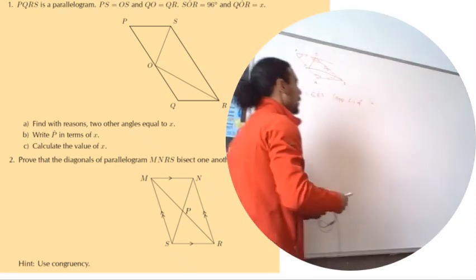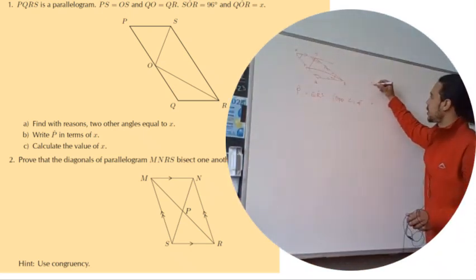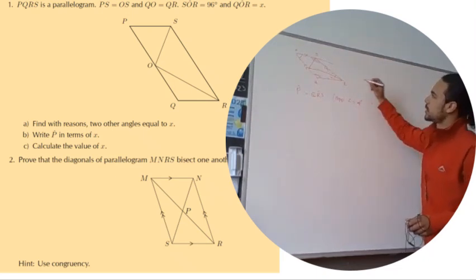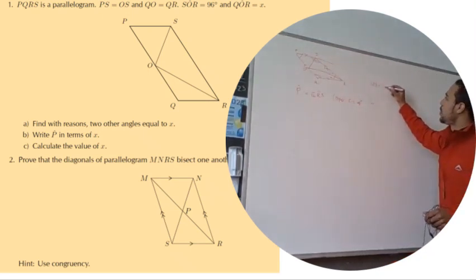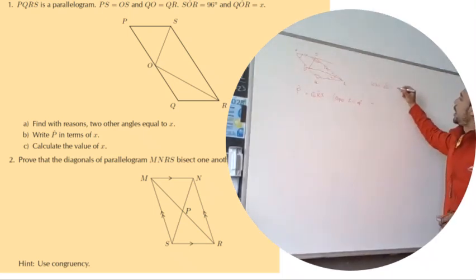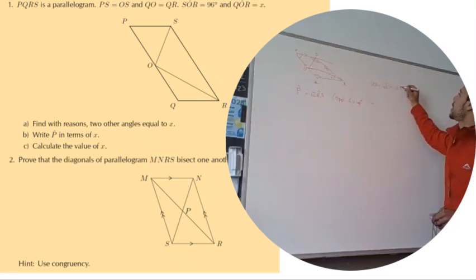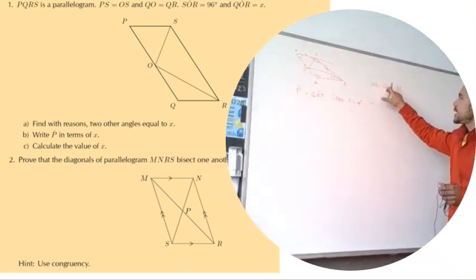But if I look at how angle QRS is constructed, angle QRS is actually equal to angle QRO plus angle ORS. Is that right? The two adjacent angles make up this angle QRS. So what is angle QRO again?